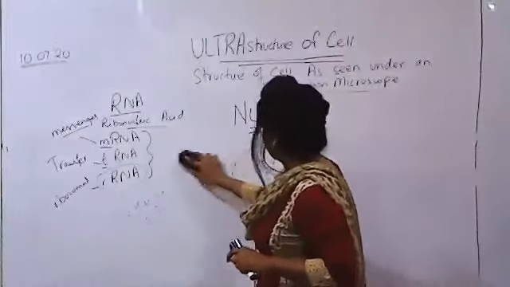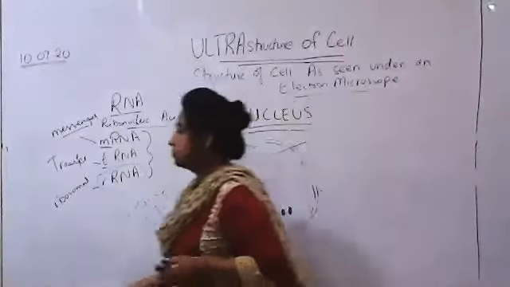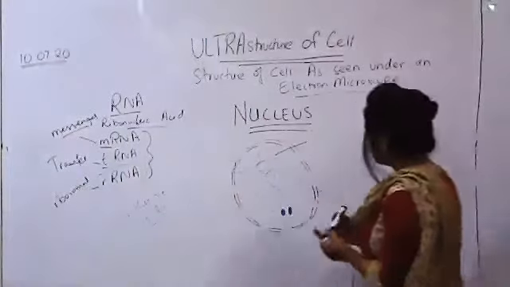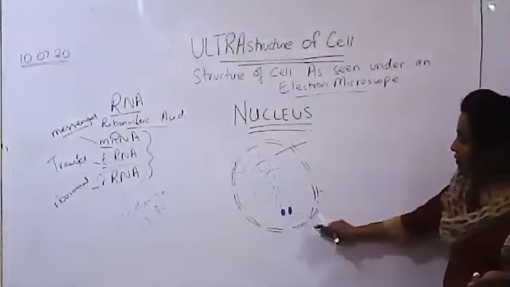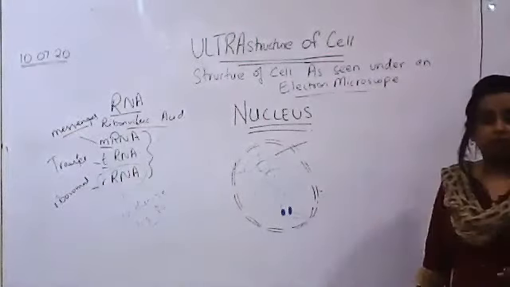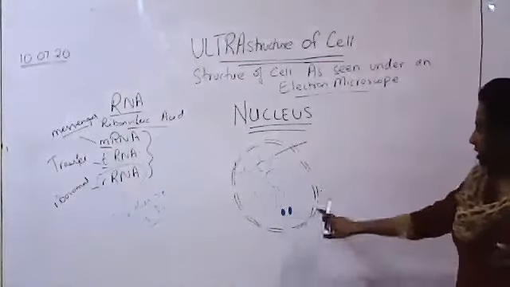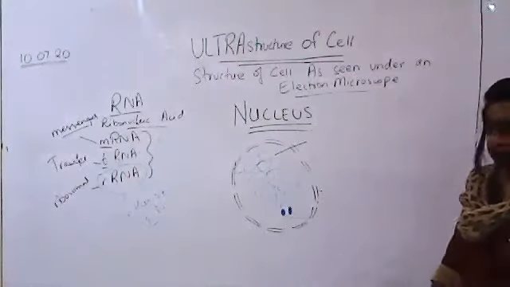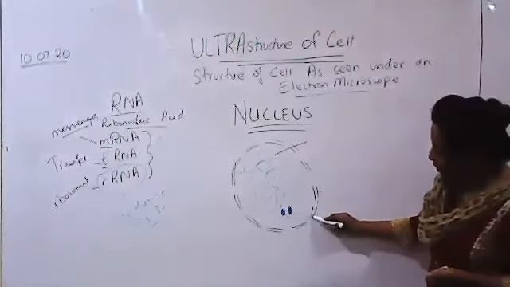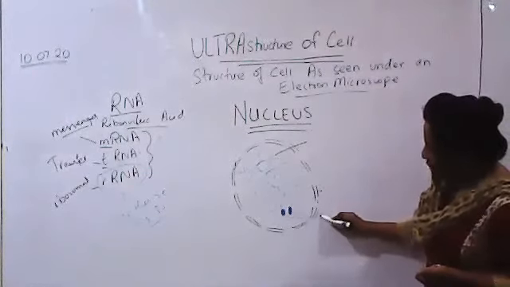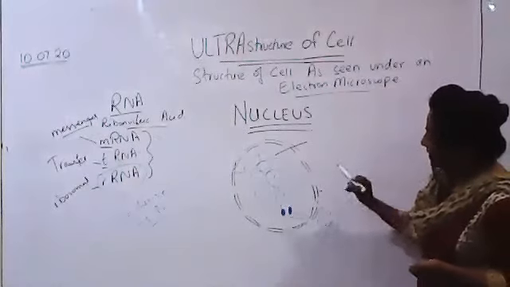Okay. So what happens? In continuation with the outer membrane of the nucleus, the nucleus has an envelope with two membranes, inner membrane and outer membrane. So in continuation with the outer membrane, you have structures like this.